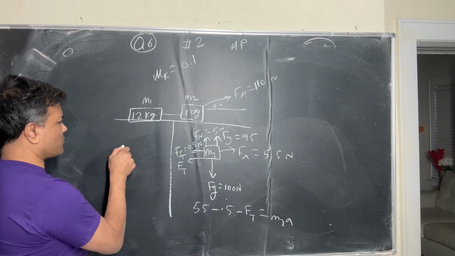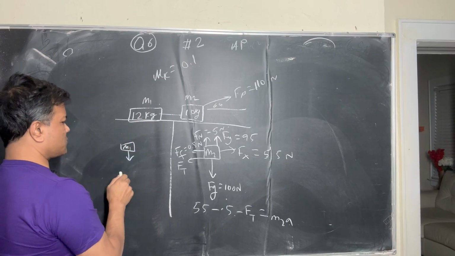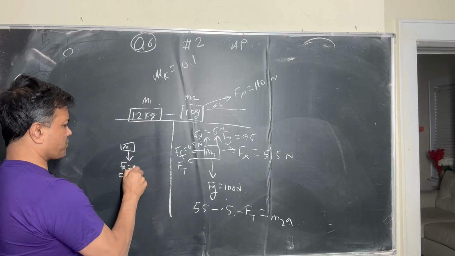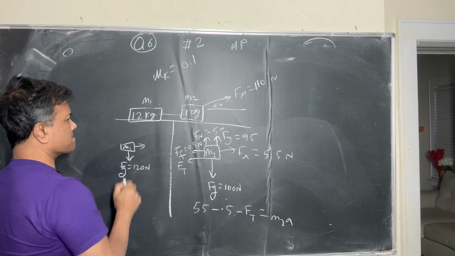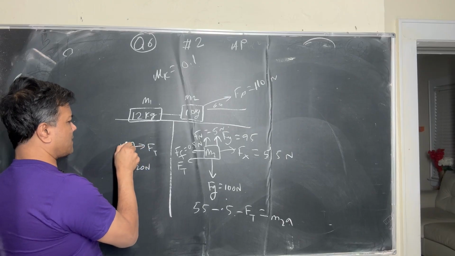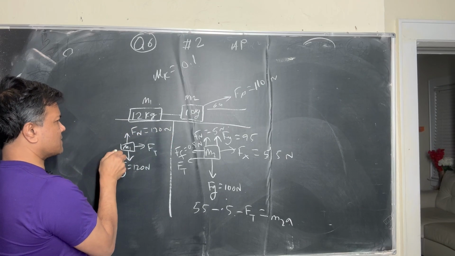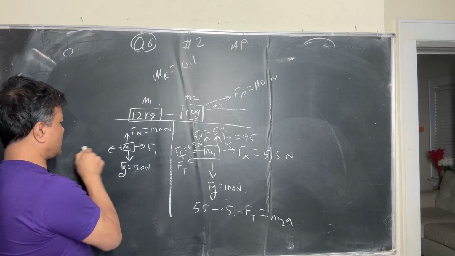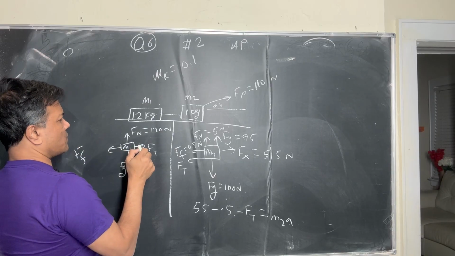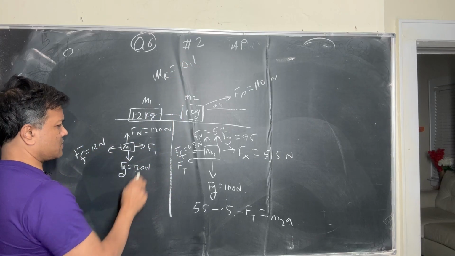Okay, now let's do M1. 120 Newton. Fn is 120 Newton. Ff is 120 times 0.1, 12 Newton.